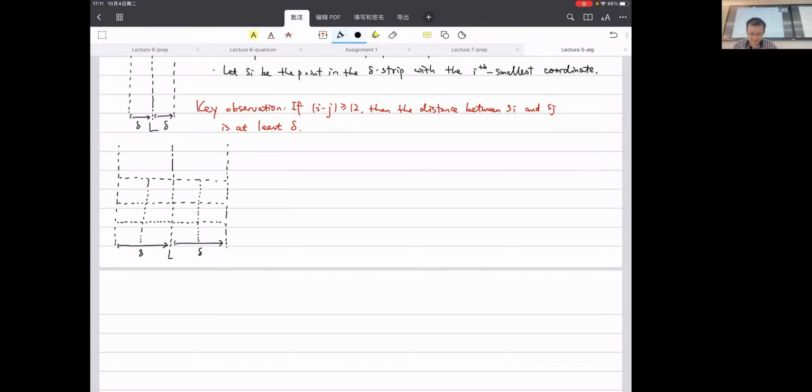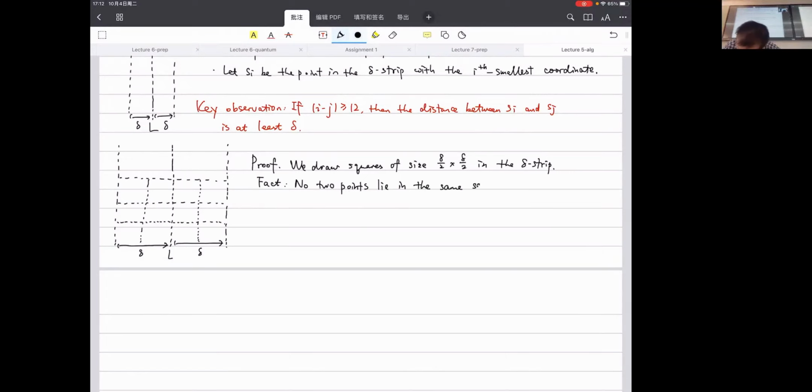We draw squares of size delta over 2 times delta over 2 in the delta strip. So a fact is that no two points lie in the same square.